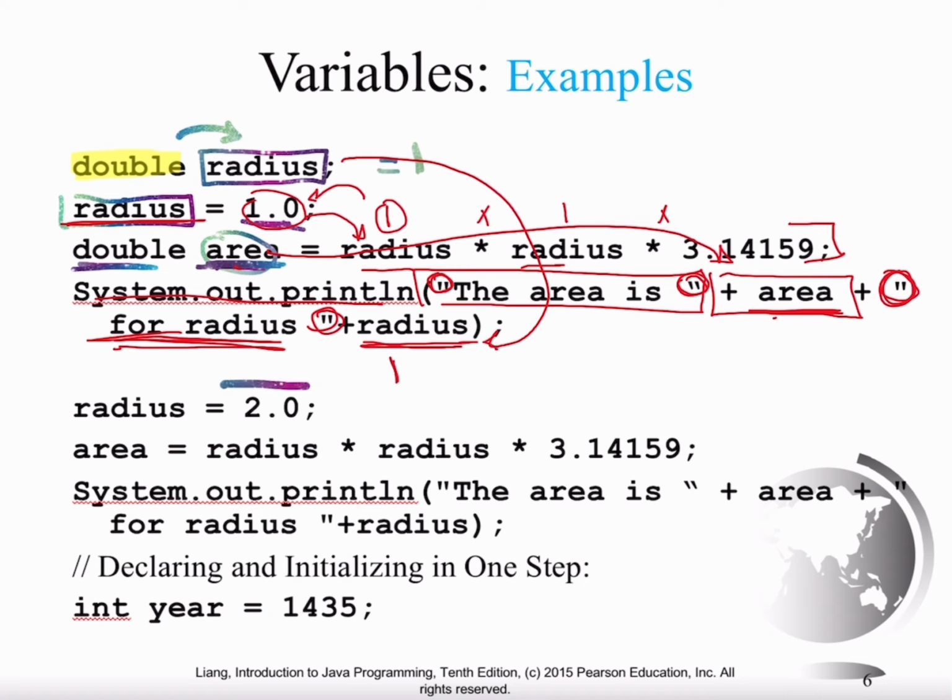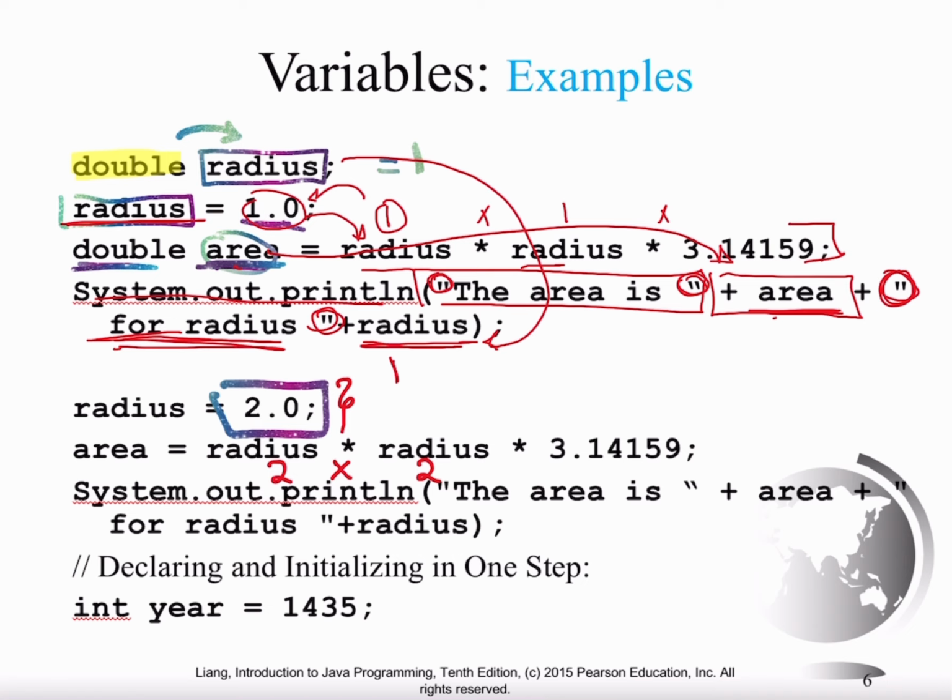Here we have radius is equal to 2. We can use radius multiple times because it is defined in the beginning, so we cannot make a declaration with the same variable name multiple times, but you can assign it again. Here we have radius is equal to 2, so area is equal to radius, which is 2, multiplied by 2, times 3.14159.